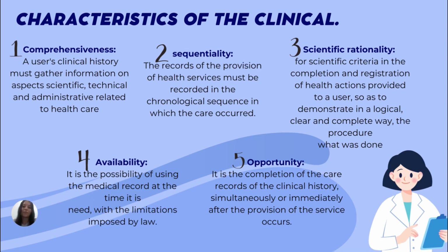Scientific rationale. The scientific criteria in the completion and registration of health actions provided to users must be demonstrated in a logical, clear, and complete way, and record what was done.